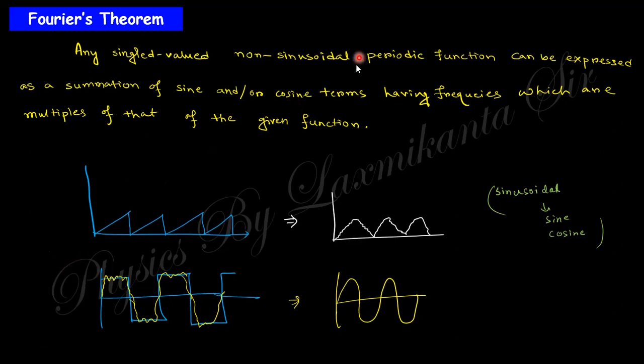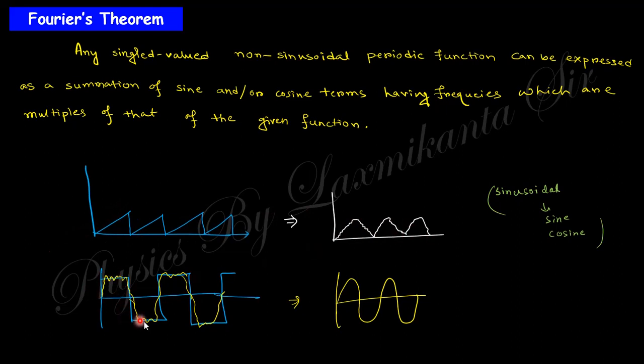And other than sinusoidal, that is called a non-sinusoidal periodic function, can be expressed as a summation of sine and/or cosine functions. That means sine and cosine, or only sine or only cosine, can represent any non-sinusoidal periodic function. You can see here a periodic function, and this can be represented as sine and cosine functions.